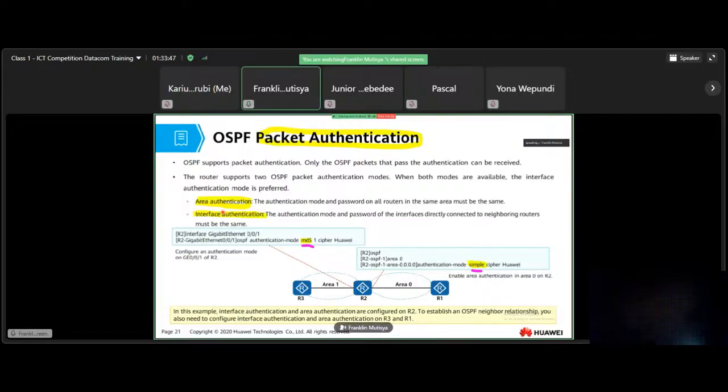It means that the password is not encrypted. And then we have the message digest version 5. We call it MD5.